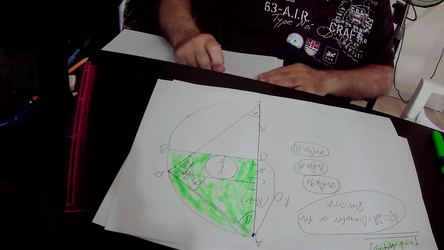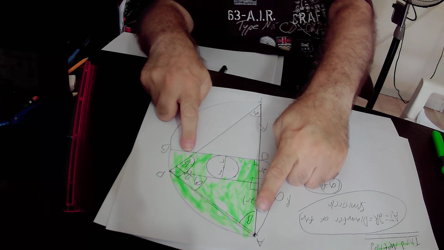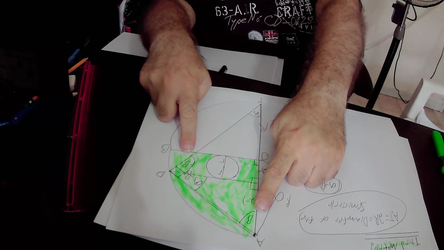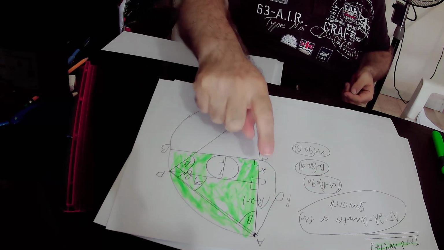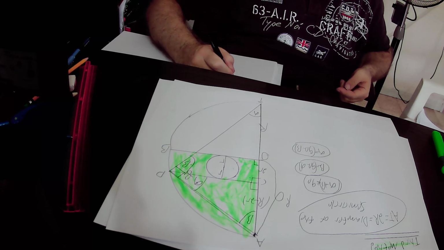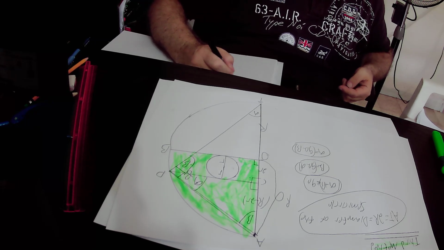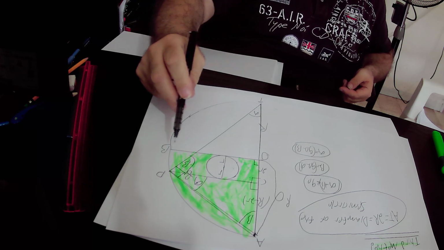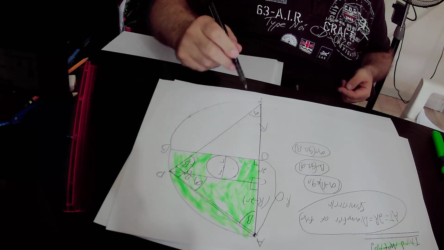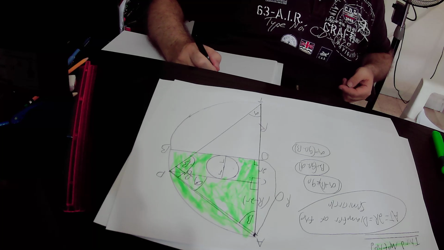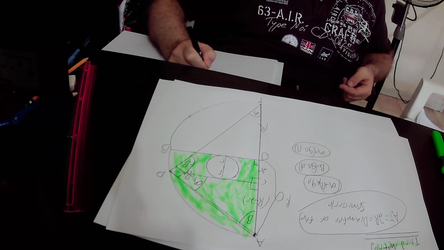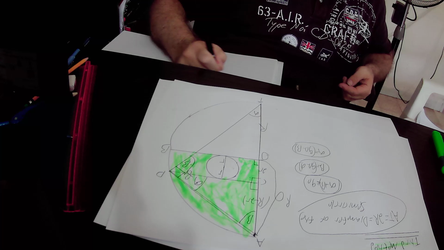In addition, those two angles are both equal to beta, therefore they are equal to each other. So angle CAD is equal to this angle, angle CDT. They are both equal to beta, therefore they are equal to each other.